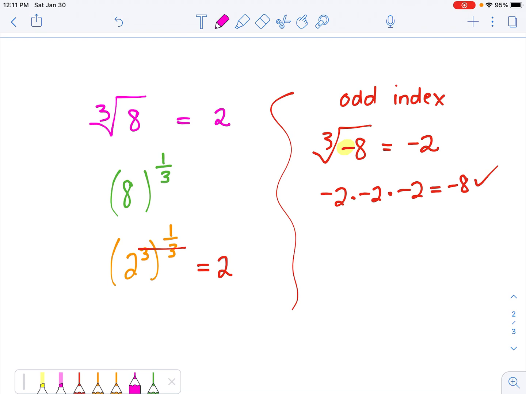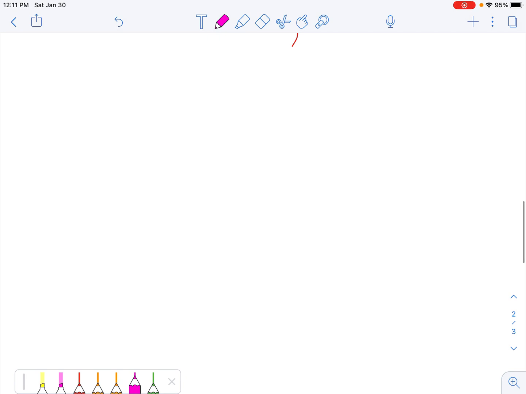The next thing I wanted to discuss with you is the difference between a negative number and a negative exponent. If we have a negative exponent, do you remember how to work with those? Well, remember, we don't like to have negative exponents. We move them from numerator to denominator or vice versa. In this problem, we'd have a placeholder. So we want to make sure we always move negative exponents.